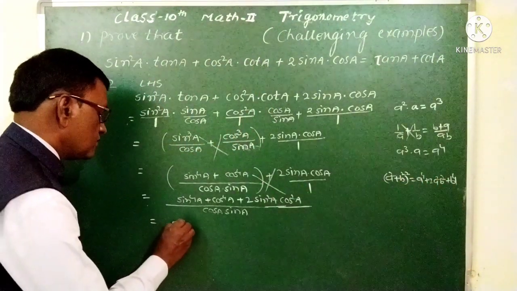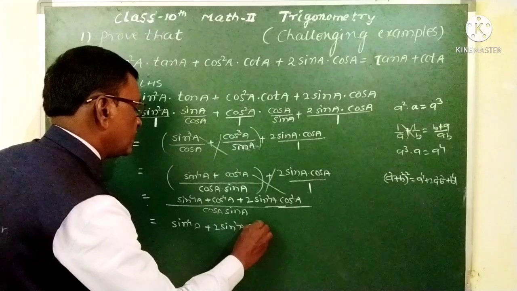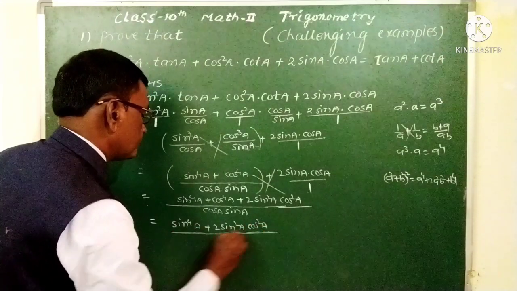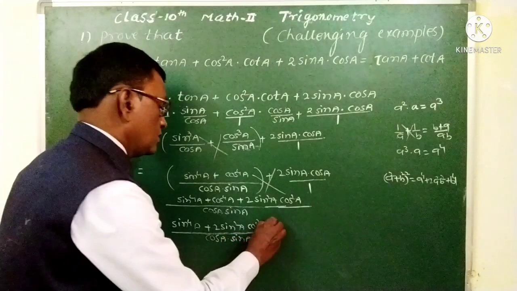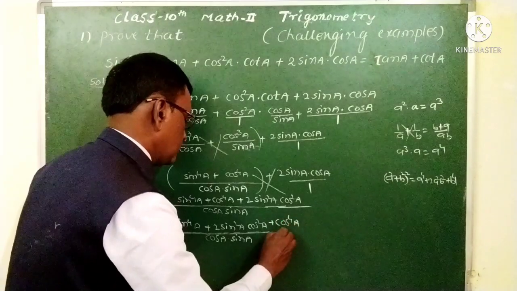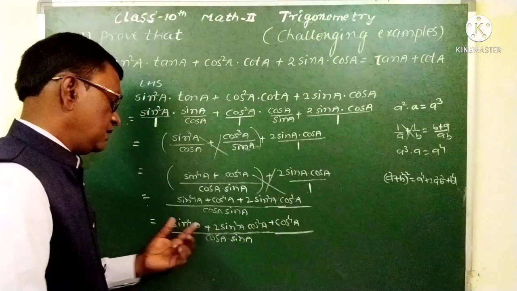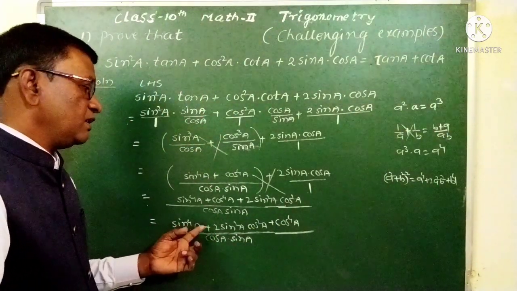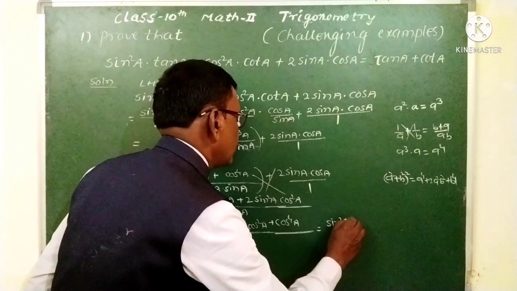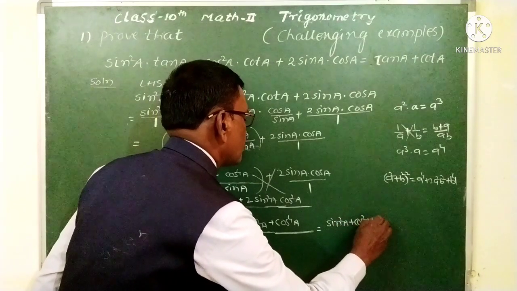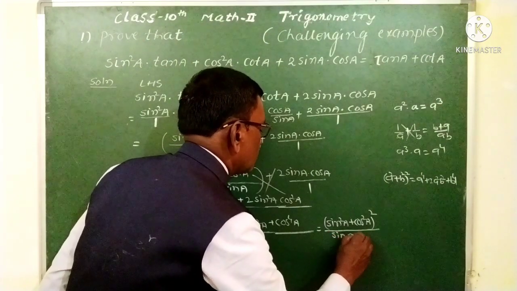See, sin 4A plus 2 sin square A cos square A plus cos 4A upon cos A into sin A. So we can write it as a square means sin square A and b square means cos square A. So we can write it as sin square A plus cos square A bracket square upon sin A into cos A.